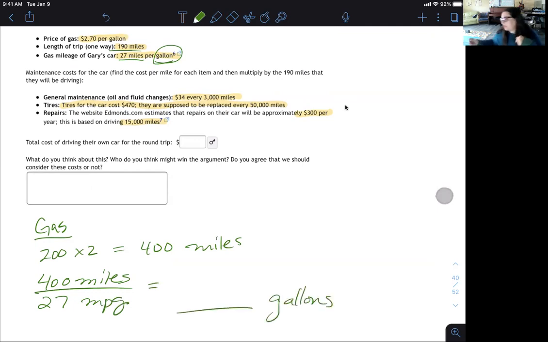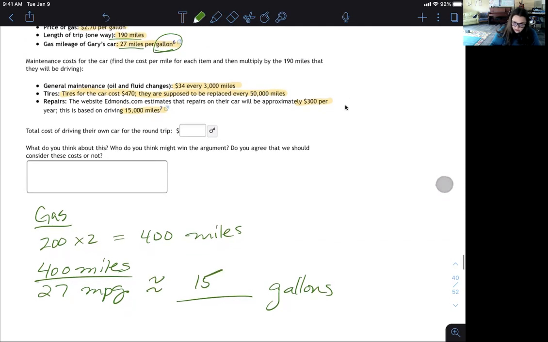Well, let me get out my calculator for this. Oh, look at my fancy calculator. So pink calculator, 400. I could have just done the 190, but I'm just going to do 400 divided by 27, which gives me 14.8. So I'm going to use approximately 15 gallons of gas.